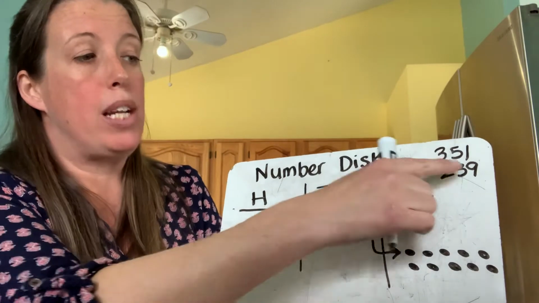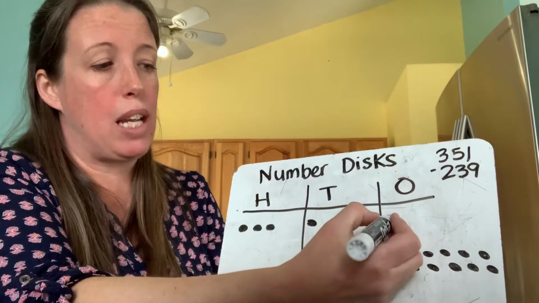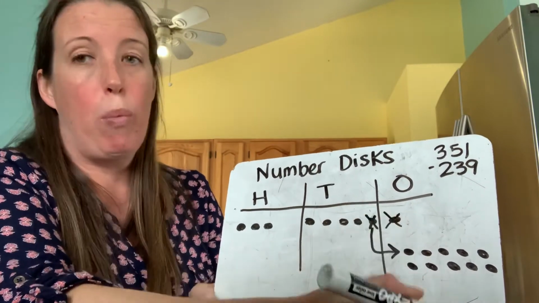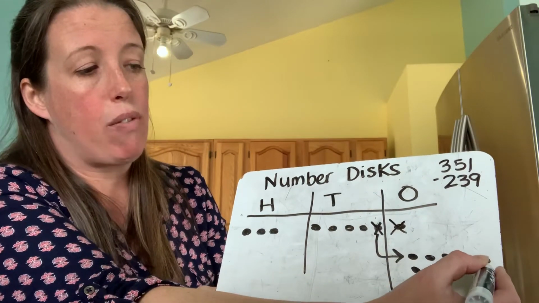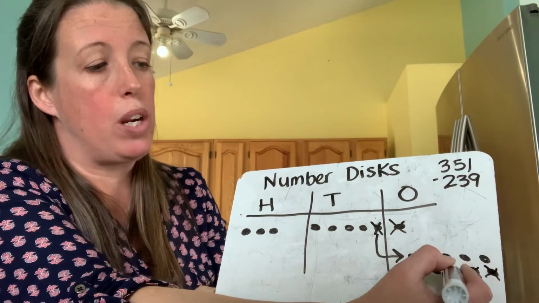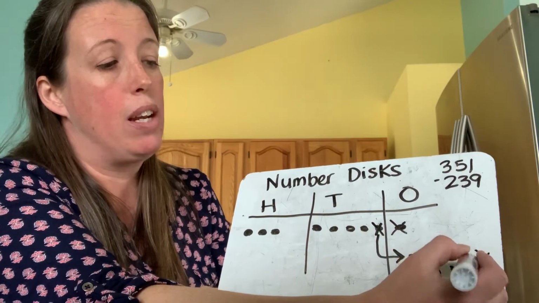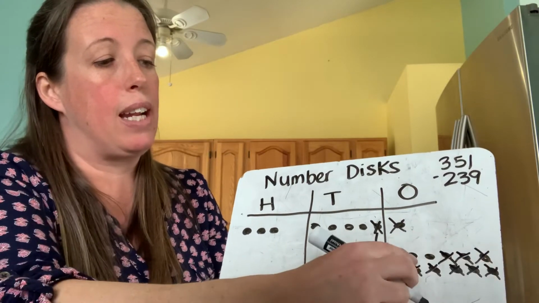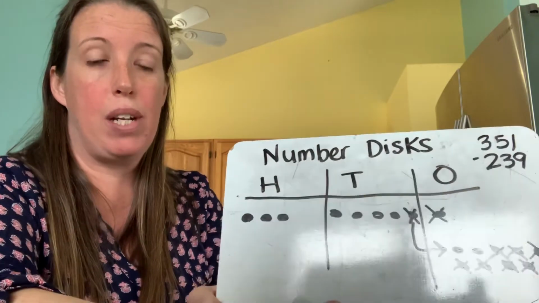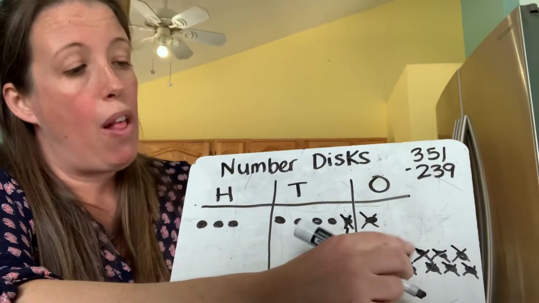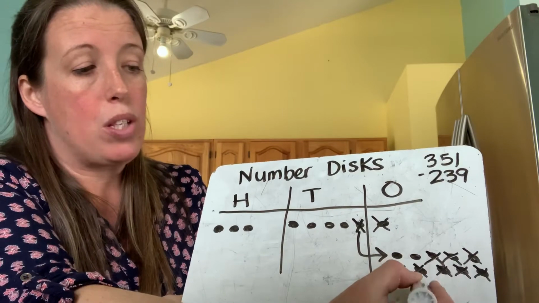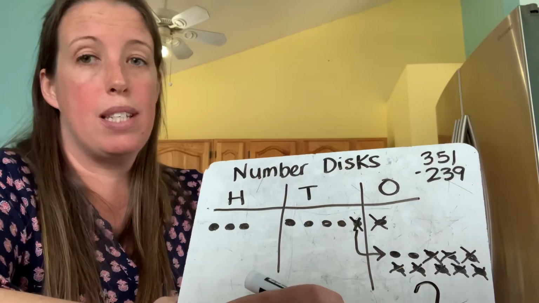So now I'm ready to subtract 9. So I'm going to take from here first, 1, and then I'll take from the back, 2, 3, 4, 5, 6, 7, 8, 9, and I can clearly see, because it's set up in a nice orderly 10 frame, that I have 2 remaining. So there's still 2 ones.